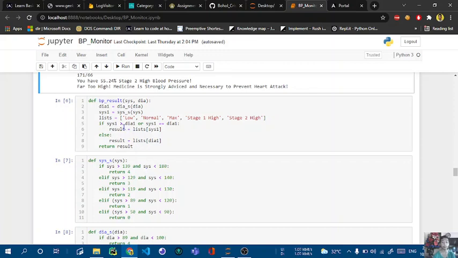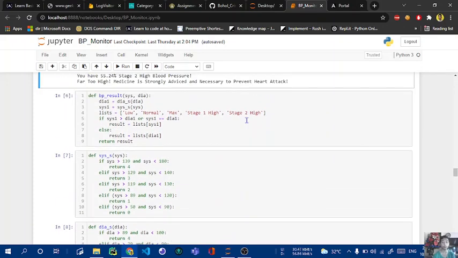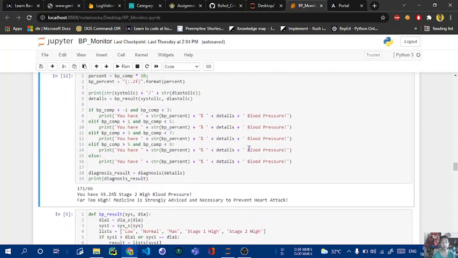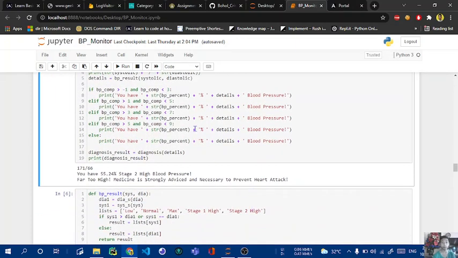If systolic is greater, like 4 greater than 3, the result would be 4, or stage 2 high.